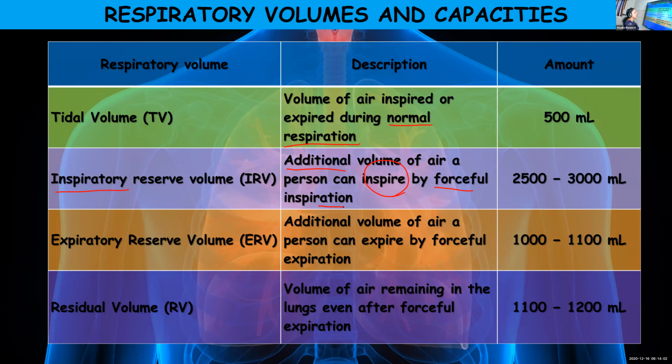That can come around 2,500 to 3,000 milliliters. Whereas expiratory reserve volume, only some terms you need to change. Additional volume of air a person can expire by forceful expiration. So extra after normal expiration, how much extra air you can breathe out by forcefully expiring. That is expiratory reserve volume. It's between 1,000 and 1,100 milliliters.